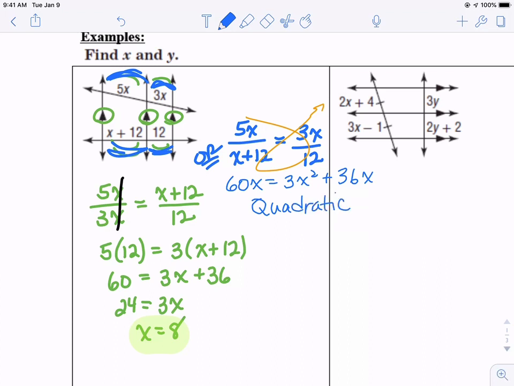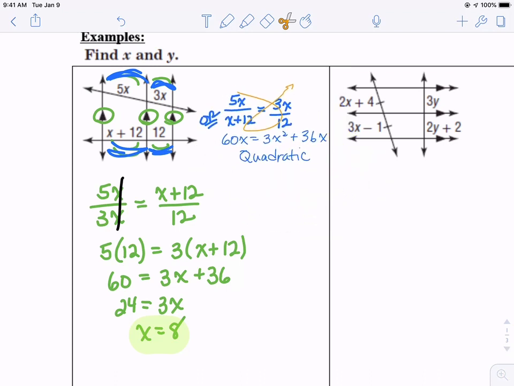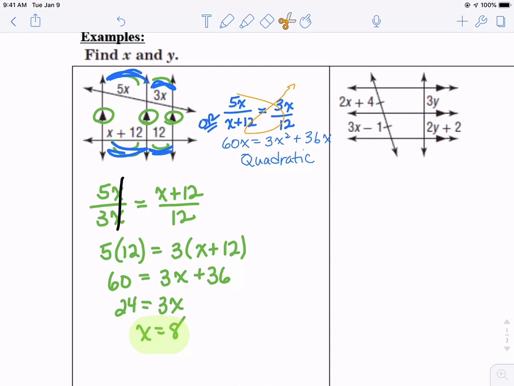If you've written a proportion that seems a little complicated, go back and reevaluate and decide, is that really what you want to do, or is there a different way of setting it up? So generally, if you have numbers where you can compare numbers and simplify, or something like this where the x's will drop out, it's simpler to compare in a way that you can simplify one of the sides of the proportion.